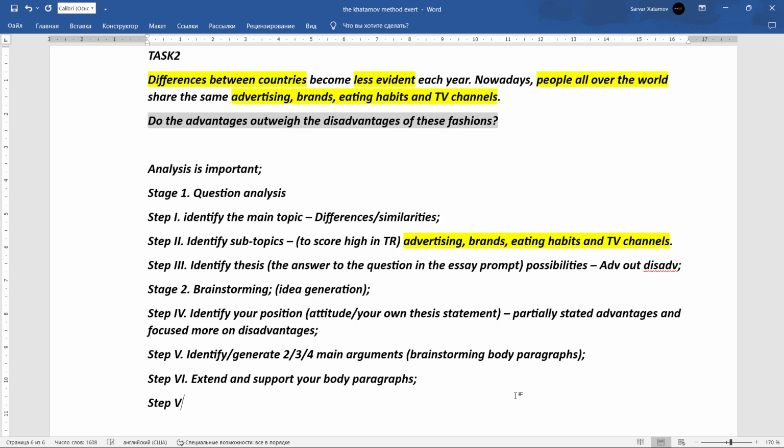Step, sorry, 7 is going to be to write an introduction, and step 8 is going to be conclusion.